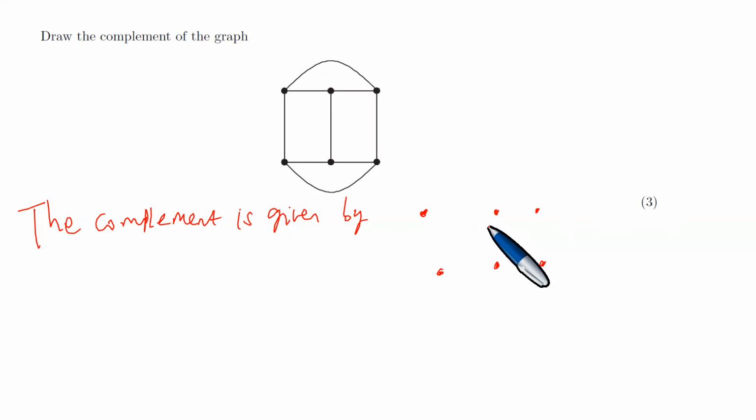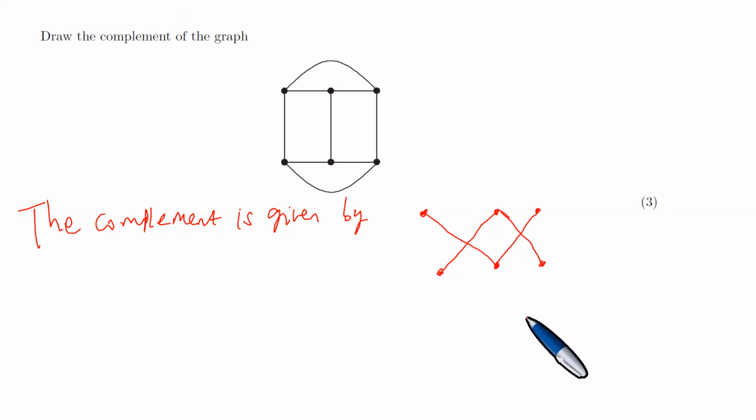Like there was no edge here, so you can draw an edge here. Similarly, there was no edge here, you can draw an edge there. There was no edge there, you can draw an edge here. There was no edge here, you draw an edge there.